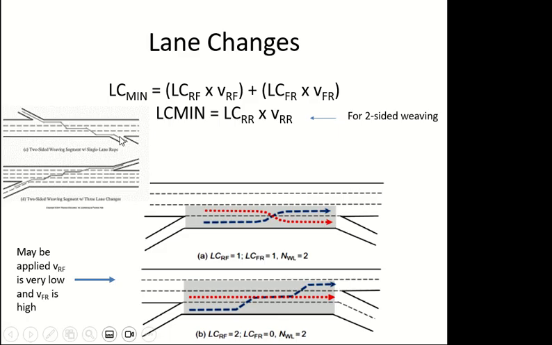Can someone tell me, for the first two-sided weaving case, how many weaving lanes we have for this one? How many weaving lanes? NWL is the number of lanes from which you can go from freeway to ramp or ramp to freeway with 0 or 1 lane change.